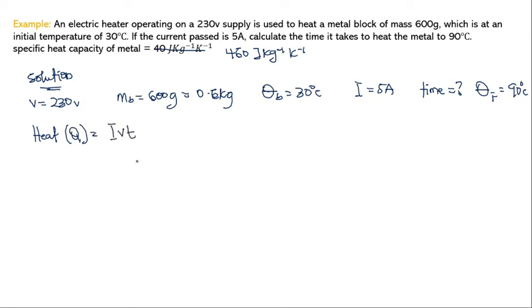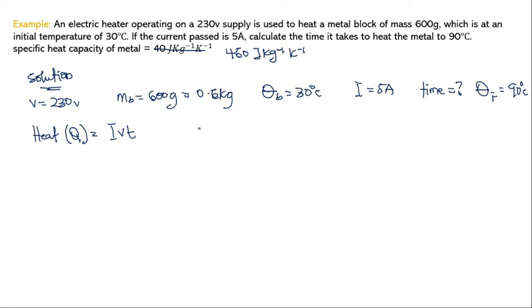If you apply a current at a particular voltage through water for it to heat, and you want to calculate the amount of heat that you applied, you just multiply the current passing through the system with the voltage and then the time taken. So our heat energy is equal to IVT.